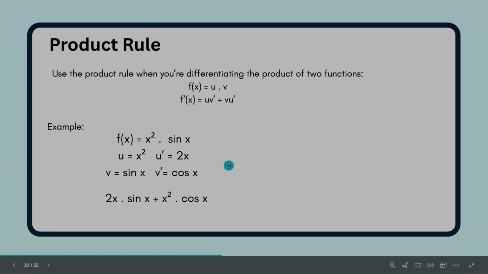So we let u equal x squared, u prime equals 2x, v equals sin x, and v prime equals cos x. Then we apply the product rule, which is f prime x equals uv prime plus vu prime. Applying the rule, we get 2x times sin x plus x squared times cos x. That is the final answer.